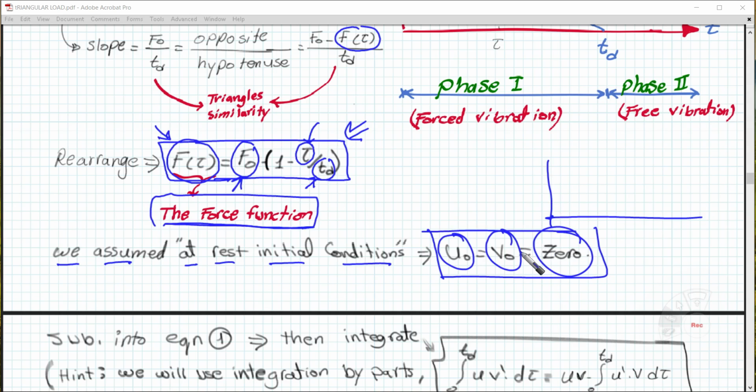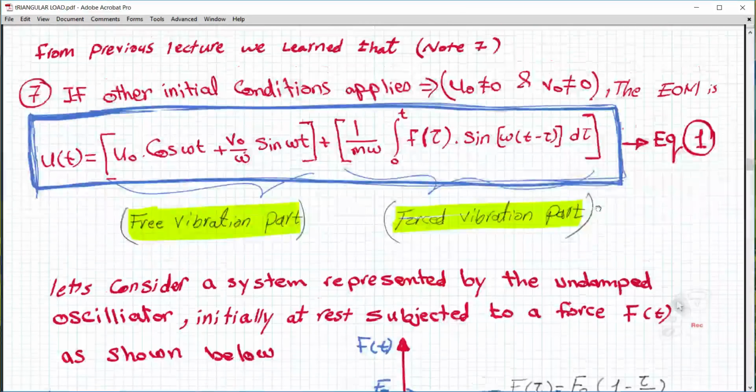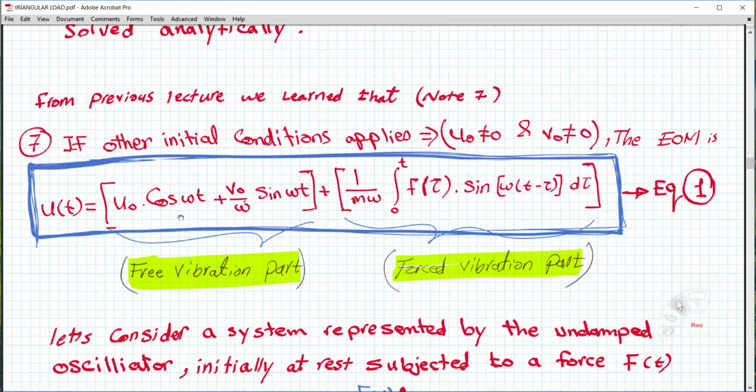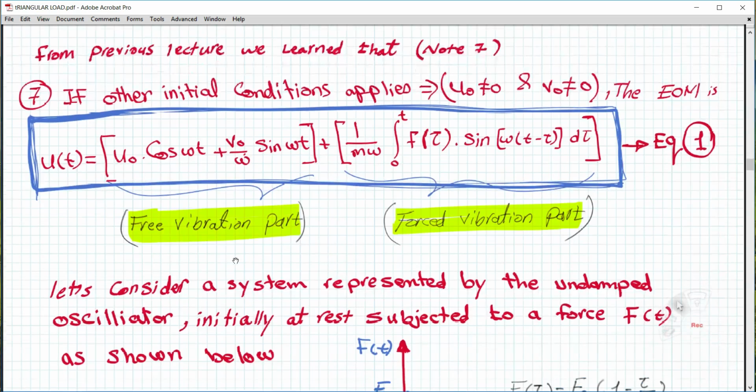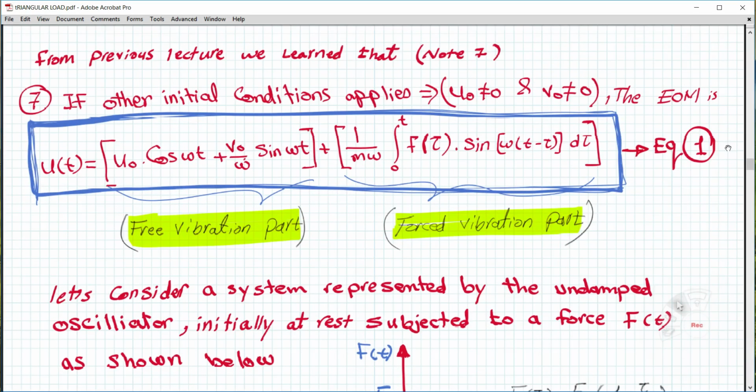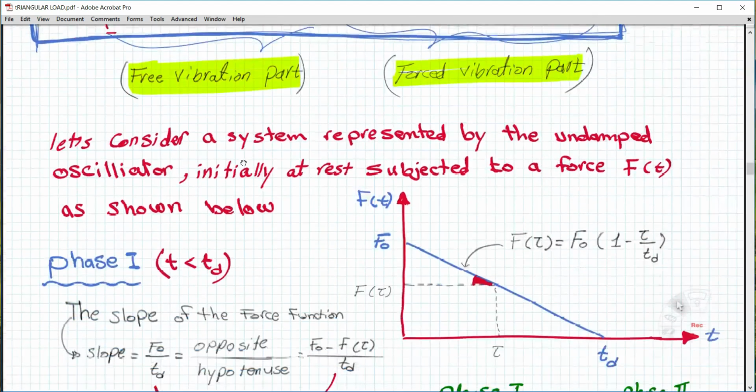Our initial conditions, u node and v node, are going to be 0. This takes us back to the equation here. In our equation, the first term, with u node and v node, is going to be 0, so this term is going to vanish.